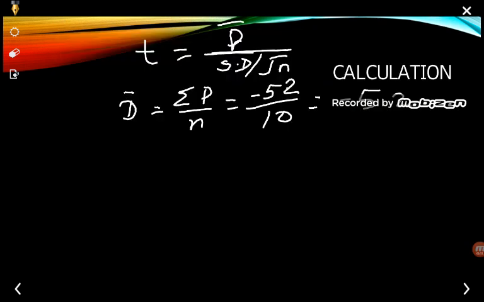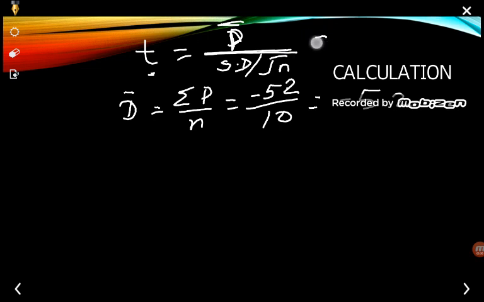So here we can say that in order to calculate the paired t-test, t is equal to the mean of deviation divided by the standard deviation divided by the square root of n. So here we have to do a three-step procedure.